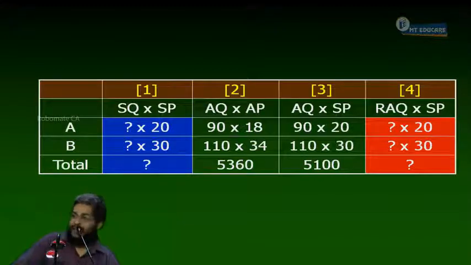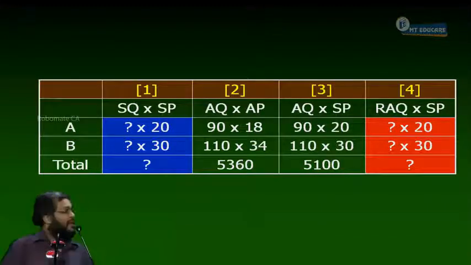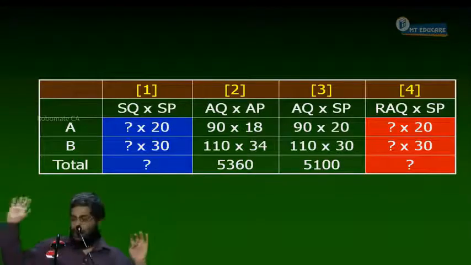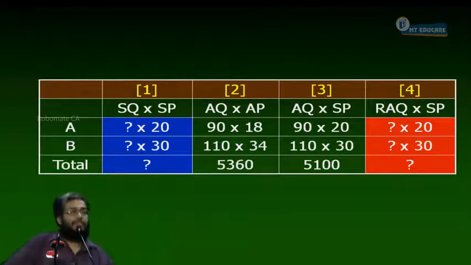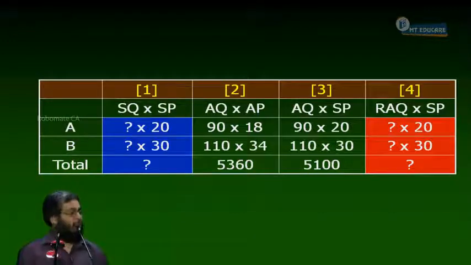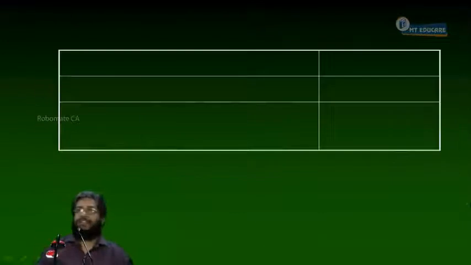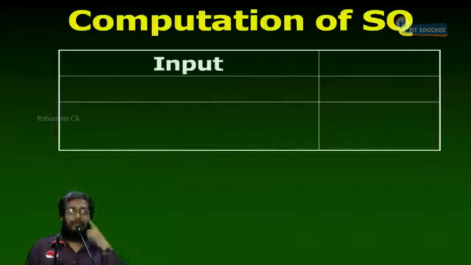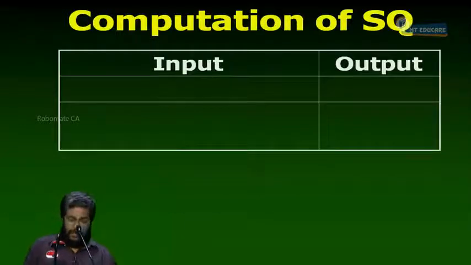Once I complete SQ and RAQ, we are done. SQ alone is somewhat more logical to calculate. RAQ is very simple. Can you start with SQ? Now, what is SQ? Standard quantity of input allowed for the actual output. For this you have to go to the budget to know the standard input-output ratio.